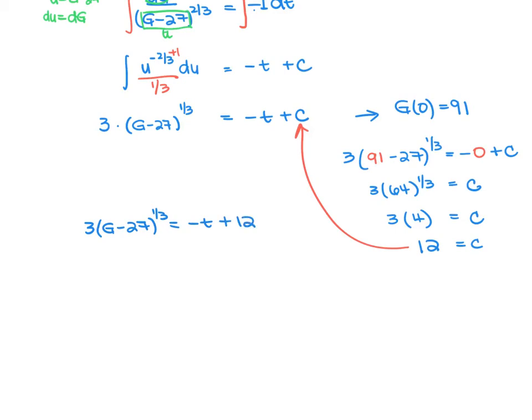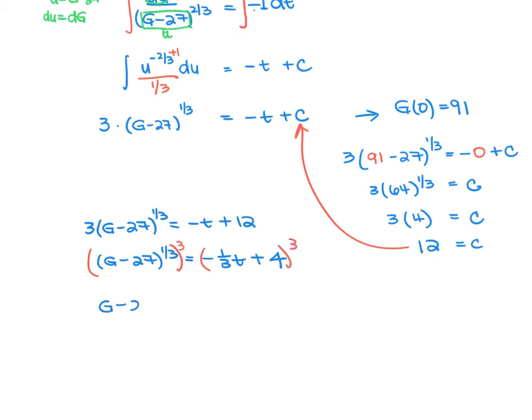And it asks us to find g of t, which means that we have to solve for g. We want g alone on one side, so divide by 3 on both sides, plus 4. And then we're going to cube both sides.